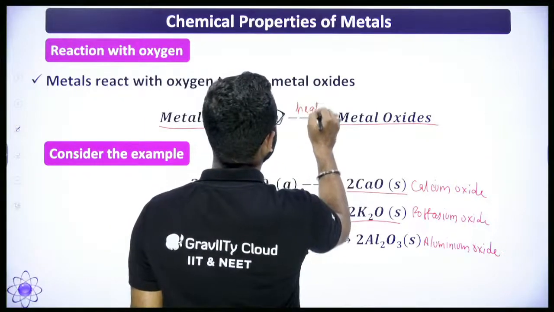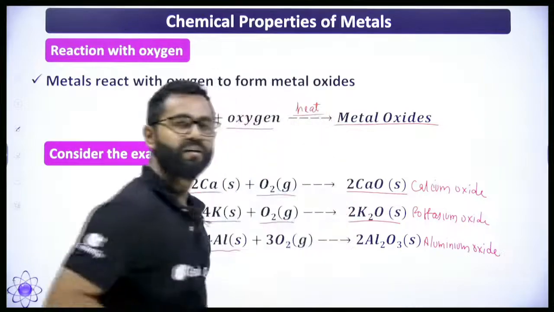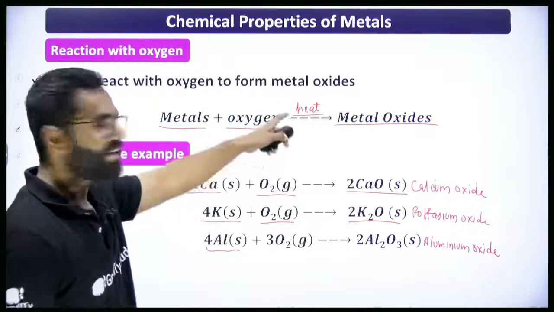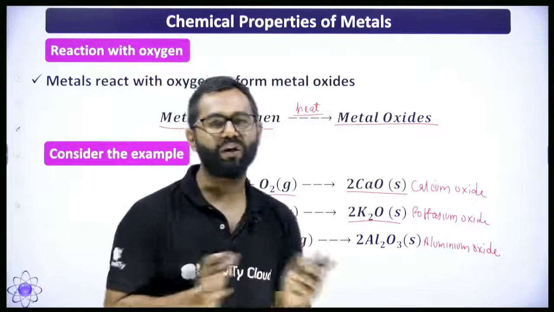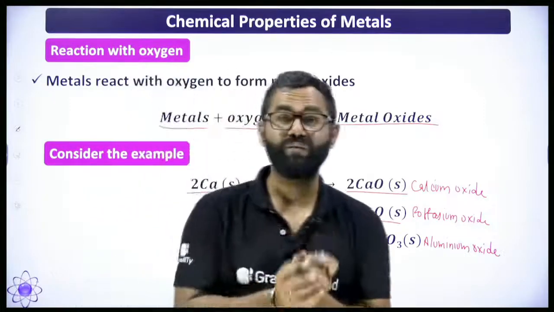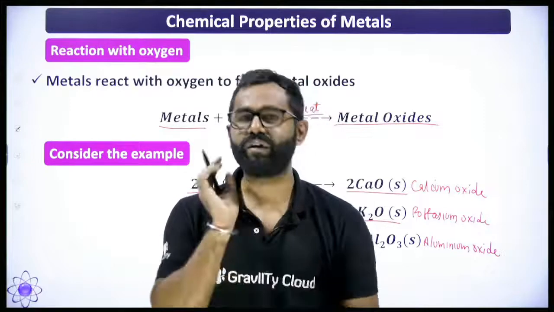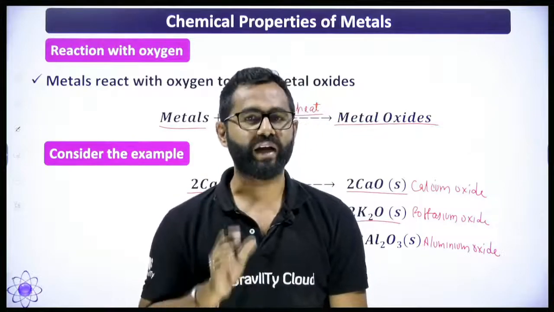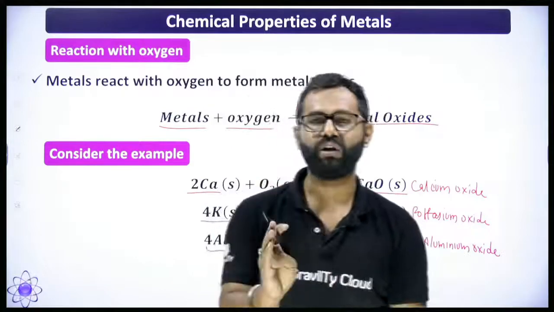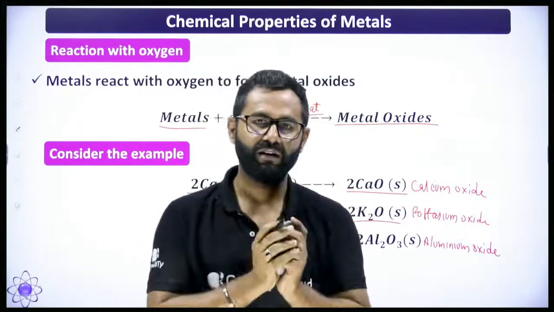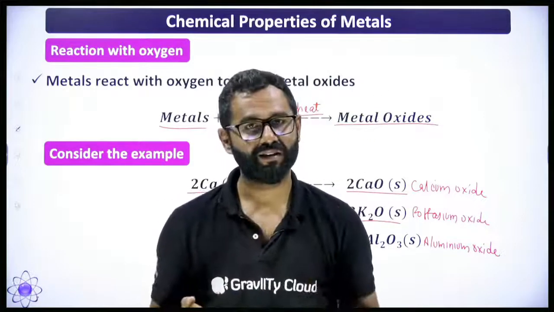When you heat, it will form metal oxides. Some metals don't require heat, like sodium and potassium. Sodium and potassium are so reactive that you don't have to heat these metals. Just place them in the air, and they will catch fire.